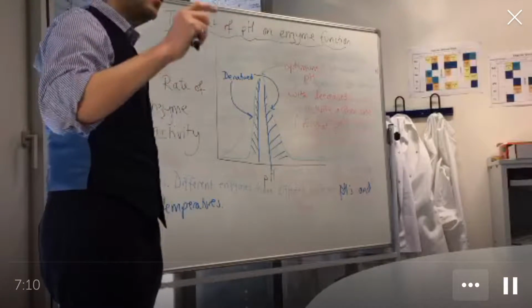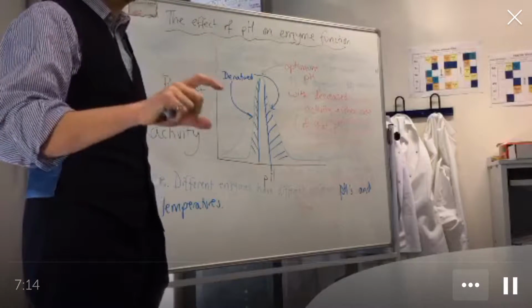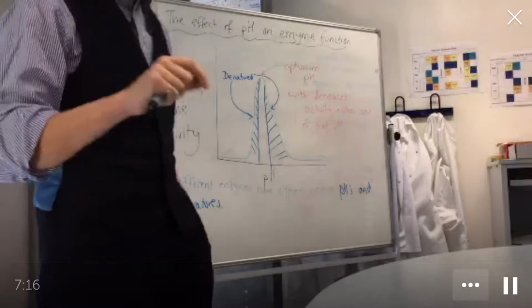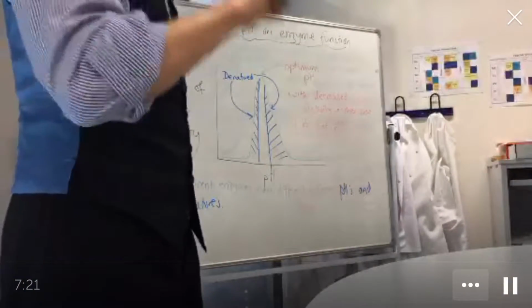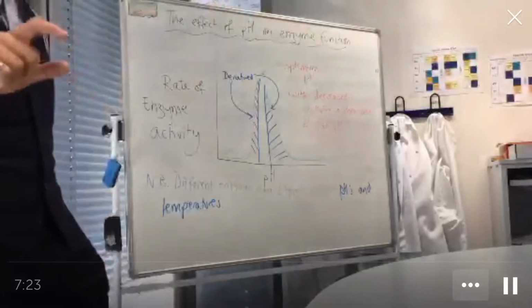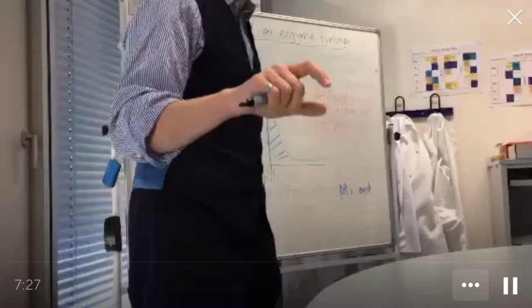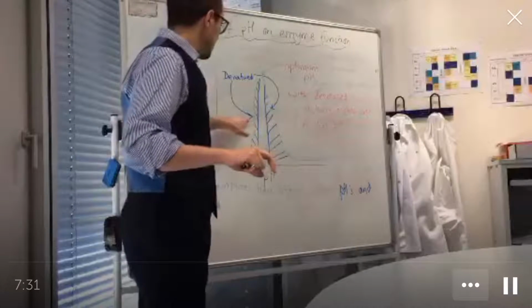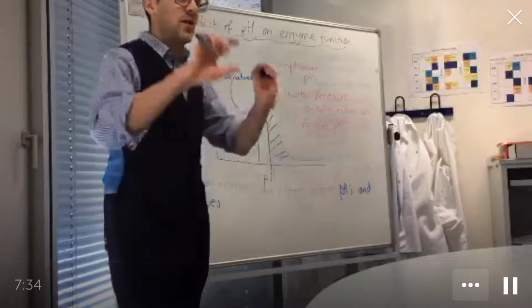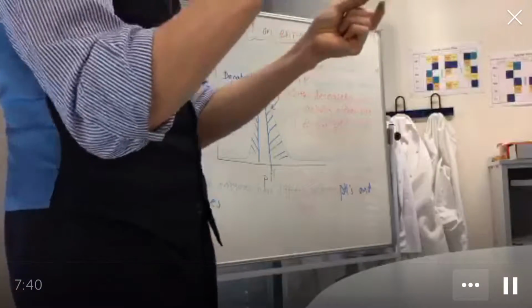Okay, and it's to do with the change in the chemical properties of the active site. And we're not going to get involved. None of you are chemists. We're not going to drill down into the actual chemistry of why that happens. But you have to just take it from me, I'm afraid. You have to just accept what I tell you is the truth. But basically, when the pH changes, that affects the R groups of the amino acids in the active site, changes their properties.